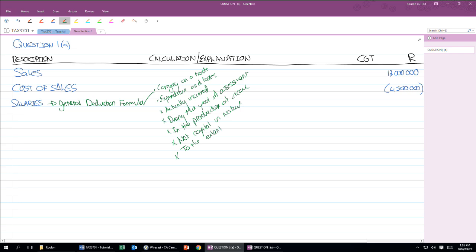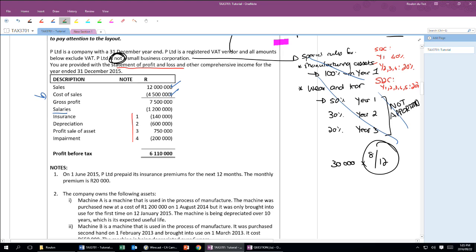They tell you that if you incur an expense and you are carrying on a trade and it's actually incurred during the year of assessment in the production of income and it's not capital in nature, and then to the extent of trade means you have to apportion it if you use it partly for trade and partly not, then you may allow it as a deduction. So salaries, if you've got a business, we expect to pay salaries, the people working for us must earn an amount, so salaries will be allowed as a deduction in terms of the general deduction formula.